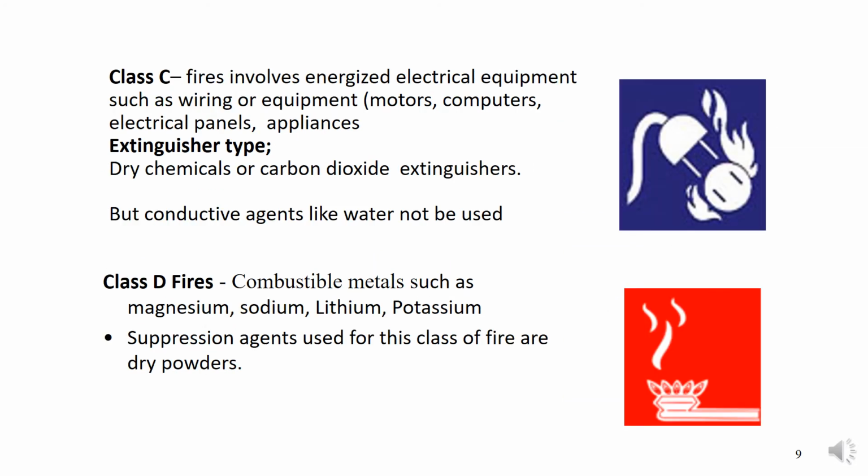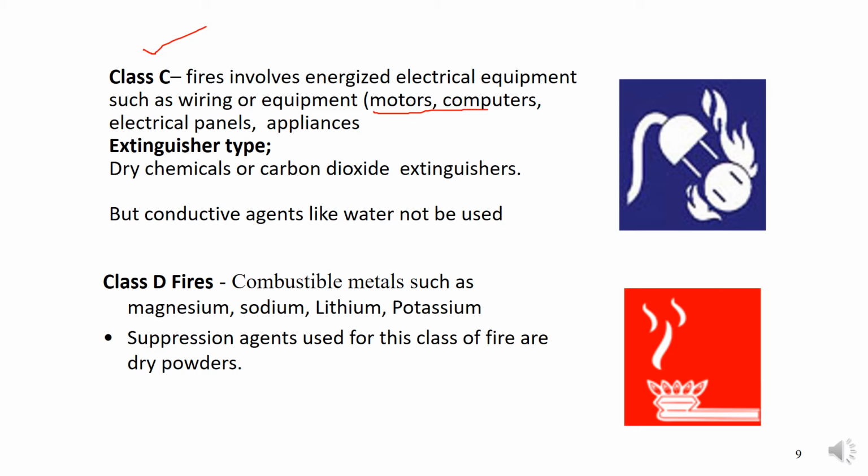Class C fire involves energized electrical equipment such as wiring, motors, computers, electrical panels, etc. Those types of fires fall under Class C, and of course they are also a source of electric shocks.